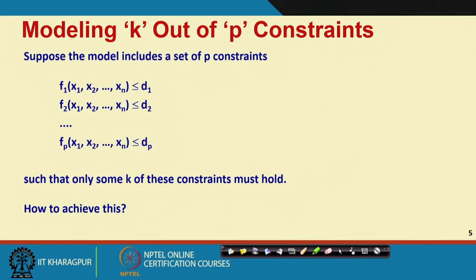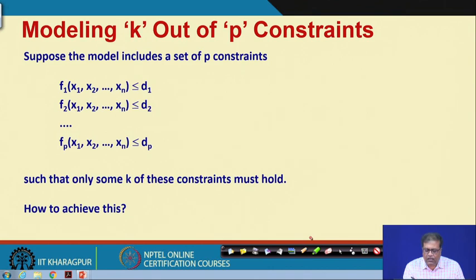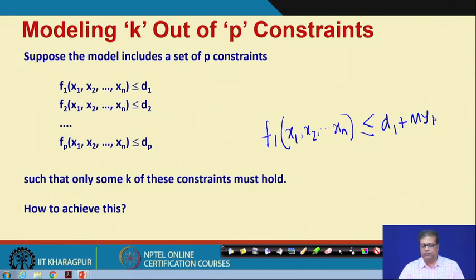But in this case, if we really think about all these constraints, supposing we say f1(x1, x2 dot dot dot to xn) less than equal to d1 plus My1.